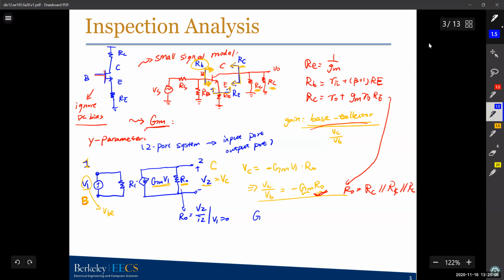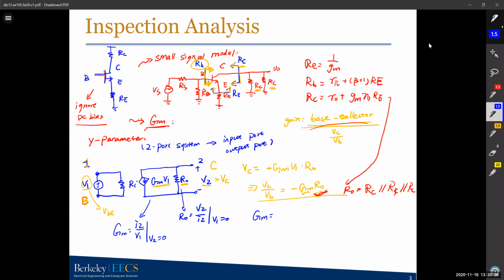And what's your GM? The definition for GM, I mean, this is true for all Y parameter models. So GM is always I2 over V1 when V2 equals 0. That's the definition. And that's how we calculate the GM for different models like base collector, base emitter, emitter collector.